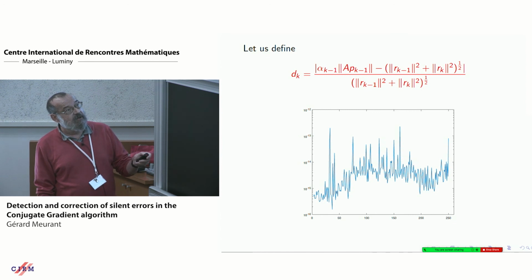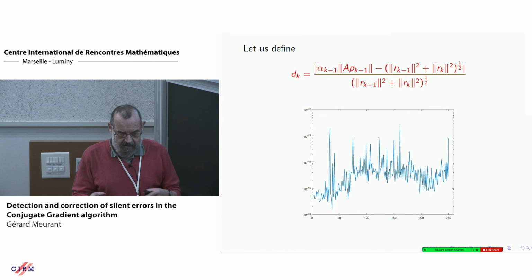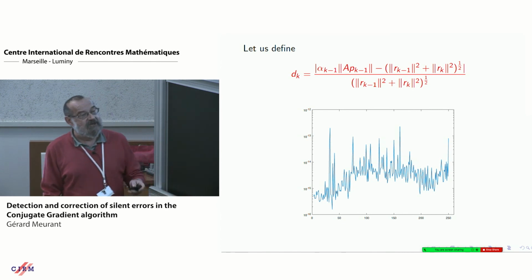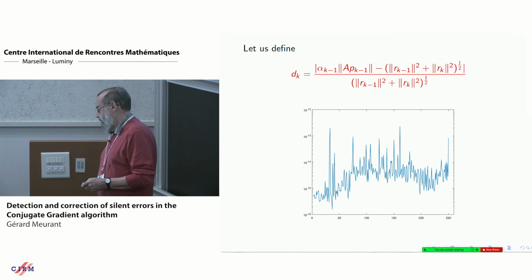You see this is 10 to the minus 15, 10 to the minus 14, 10 to the minus 13. So you could have expected that you will get the machine precision, but it's not the case, in fact. It's small, but it's not the machine precision. Okay. And why is that?